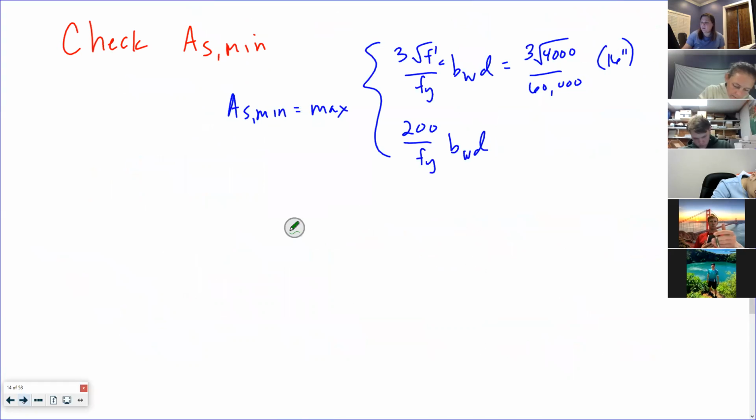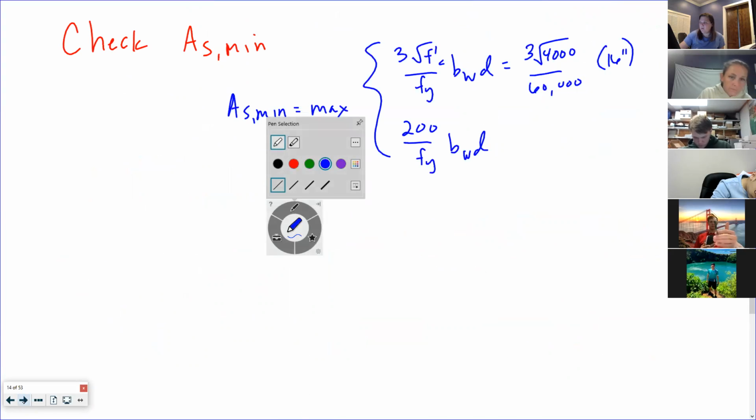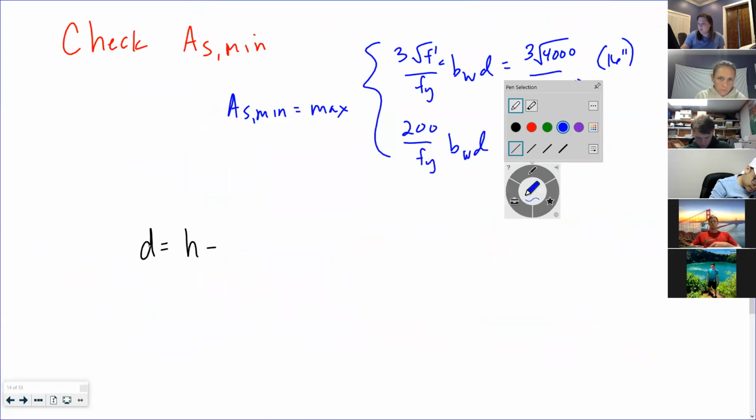So d is our height minus cover minus the diameter of the stirrup, minus half of a number 10.